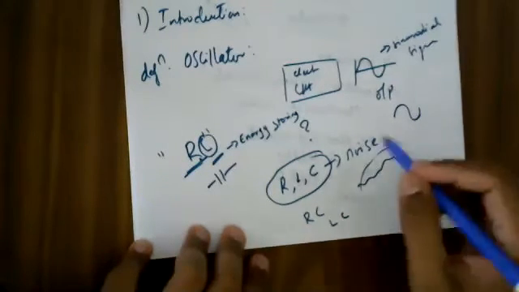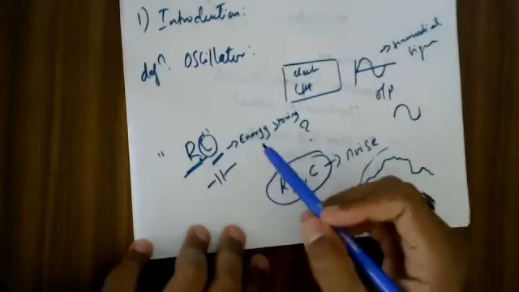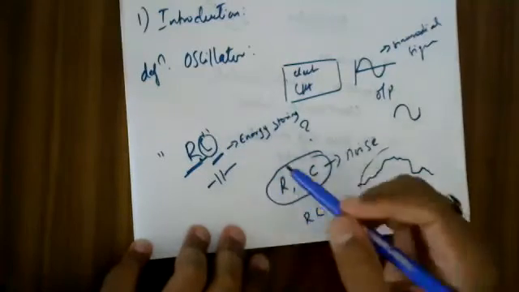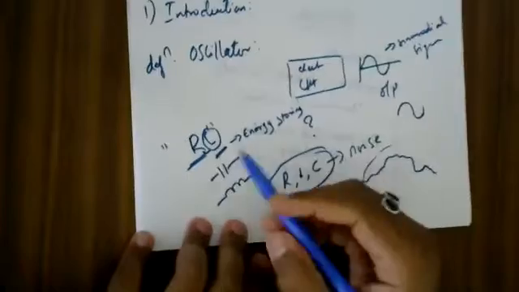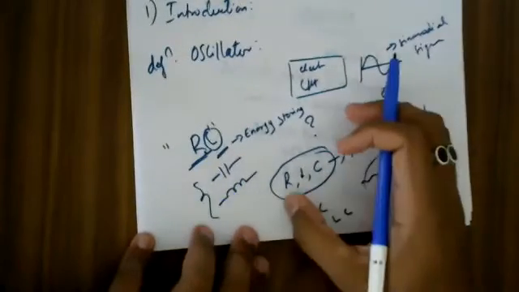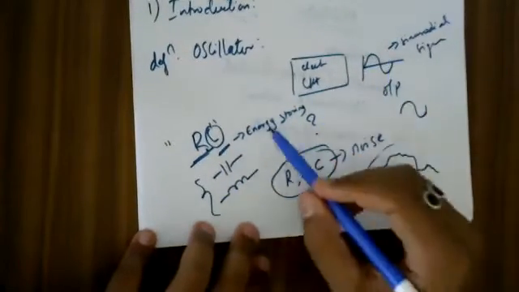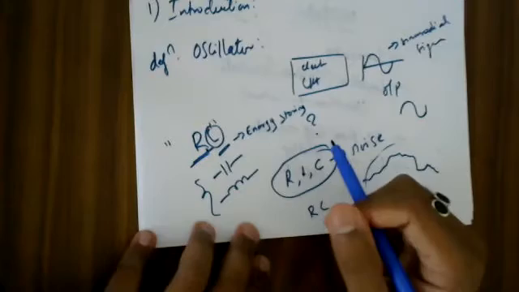Is it clear to you? So these energy storing components, the capacitor and the inductor, are essential: without them, an oscillator circuit cannot be built.